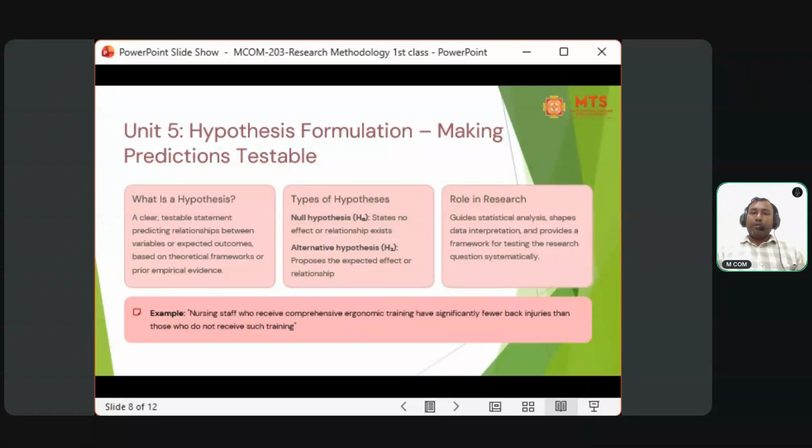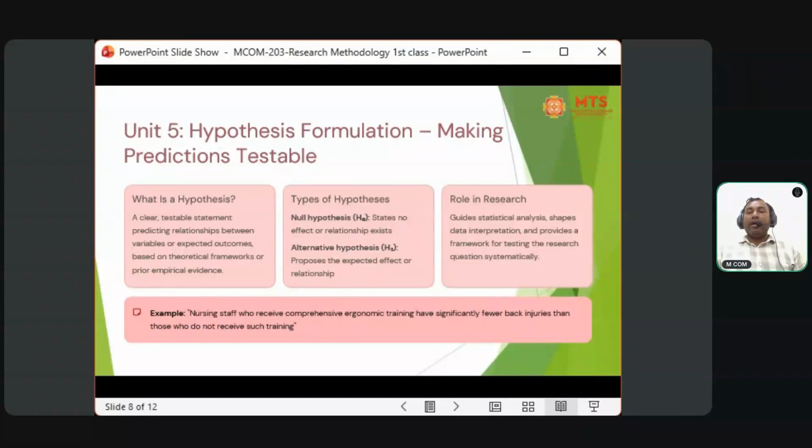So, what is hypothesis? A clear, testable statement predicting relationship between variables or expected outcomes based on theoretical frameworks or prior empirical evidence. Types of hypothesis: null hypothesis and alternative hypothesis. Null hypothesis, denoted by H0, states no effect or relationship exists.